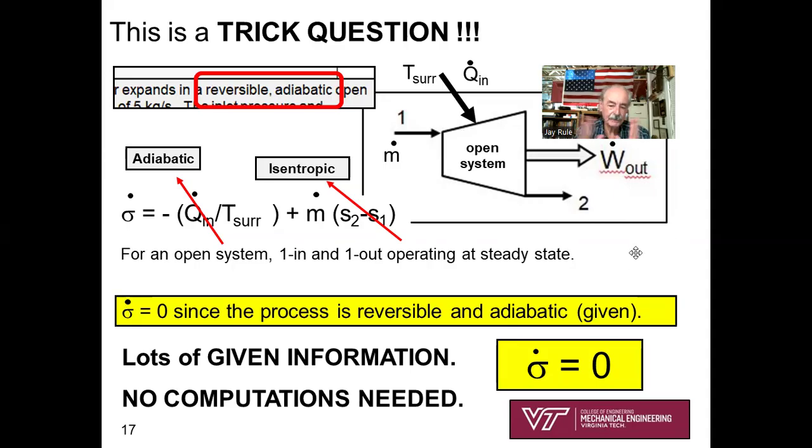That means that this particular process is, not only is it possible, it is reversible. Possible and reversible. In other words, it's reversible and adiabatic. No computations needed. This would be an extremely fast quiz or test question. So it would be shame on you if you ended up spending lots and lots of time calculating things for this problem.